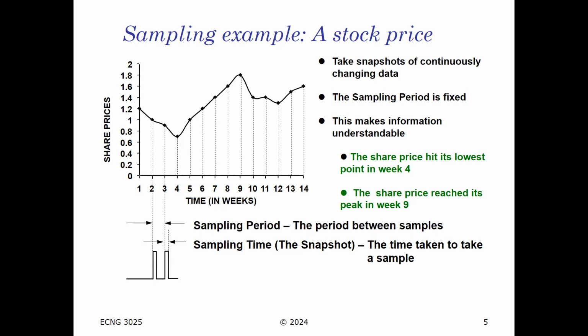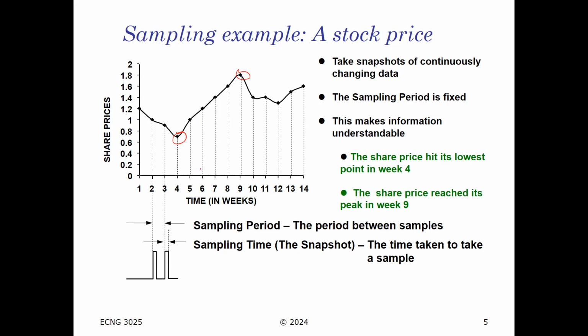If I sample correctly, the information obtained is actually quite usable. From this, I could see that it reached a minimum here in week 4 and a maximum up here in week 9.